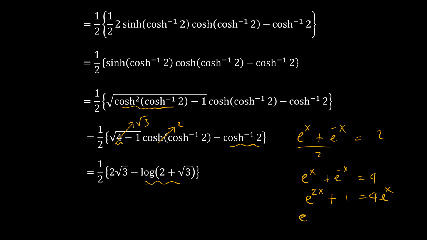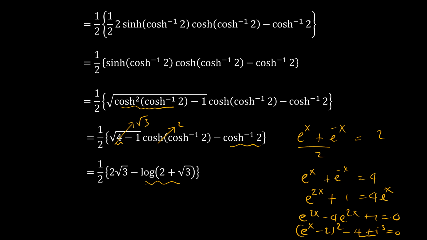Bringing this to one side, this becomes (e to the x minus 2) squared minus 4 plus 1 equals 0, which becomes minus 3.